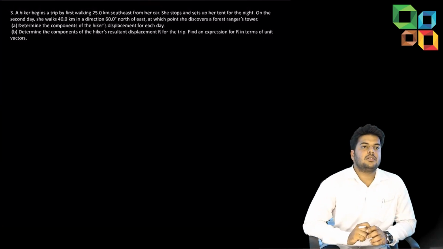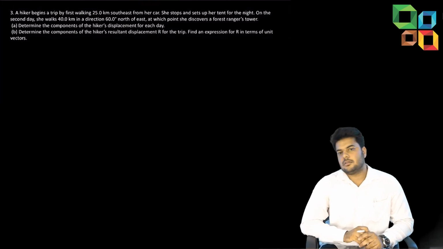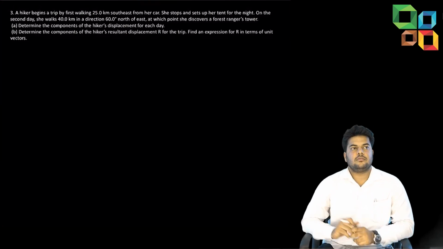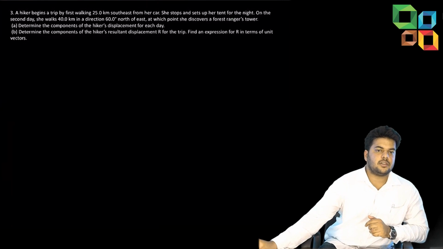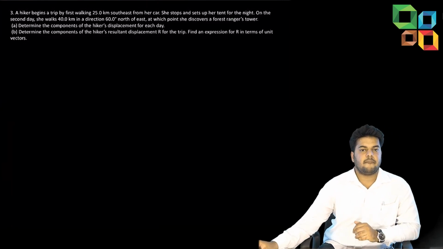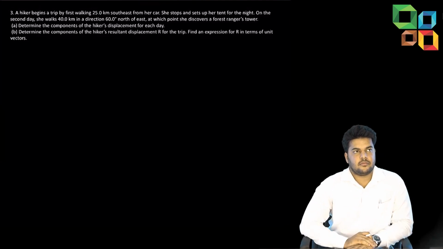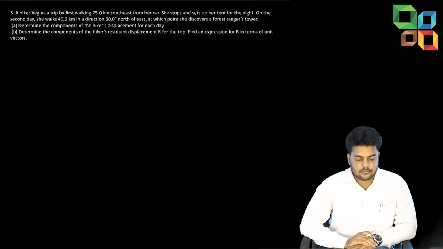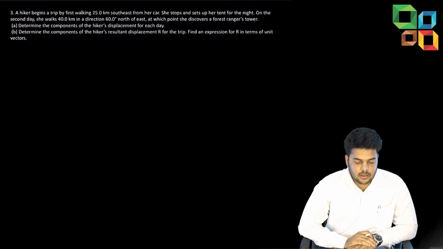I have a doubt. Okay. Yeah, tell me, Tripti. So when we show the components of a vector, do we write it in the form of i cap, j cap?